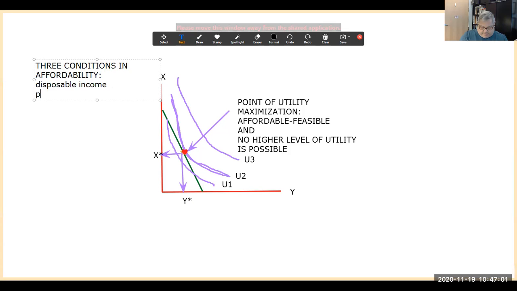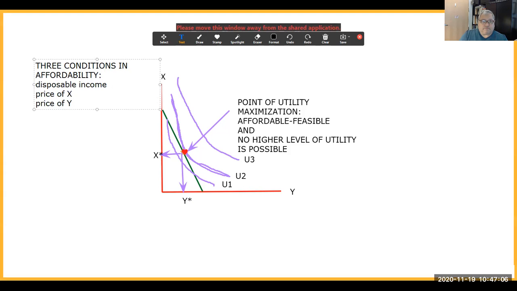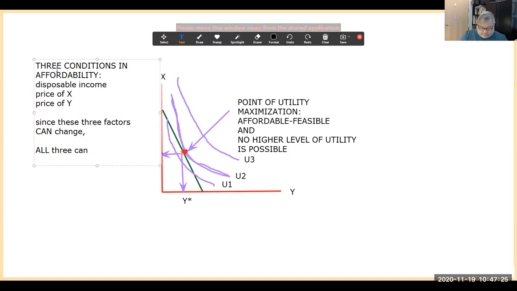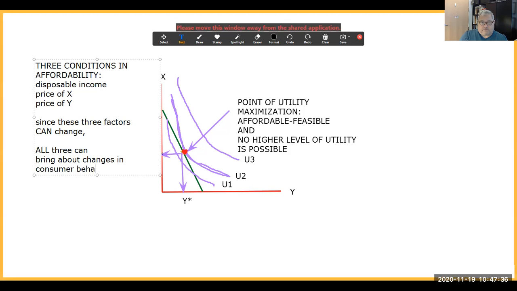The other one was the price of X. The other one was the price of Y. Since these three factors can change, all three can bring about changes in consumer behavior regarding the purchase of X and Y.